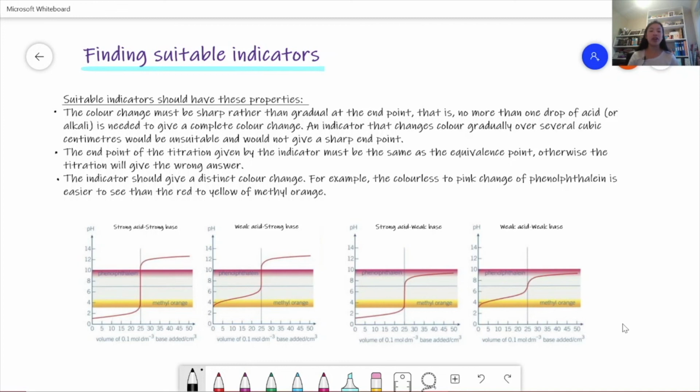And for the last curve, between a weak acid and a weak base, both of the indicators are not suitable because they change color either at too low a pH or too high a pH. And so that's why we can't really titrate a weak acid and a weak base, because we can't tell when the endpoint is.